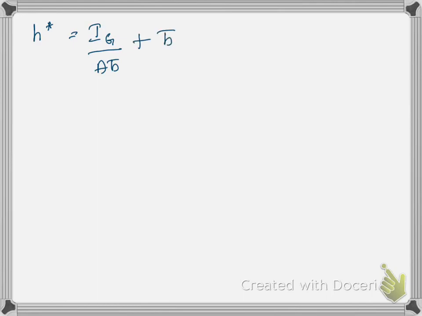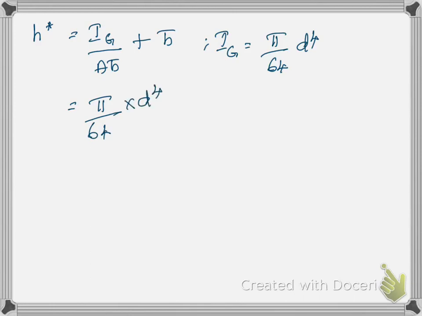The h bar value is known to us. The only thing we have to calculate is my Ig. Ig is nothing but pi by 64 into d power 4. So I put pi by 64 into d power 4 divided by pi by 4 into d square, and my h bar is 4 plus 4.